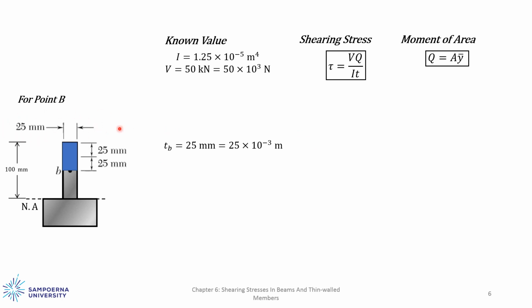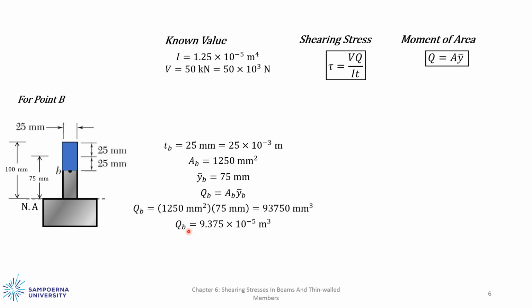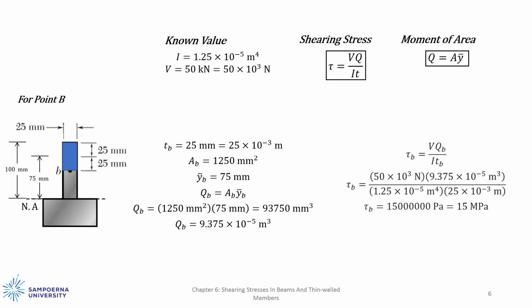The area is this and y cap B is this, and we get QB. Then we substitute it into the shear stress formula and we get the shear stress for point B is 15 megapascal, and this is the answer.